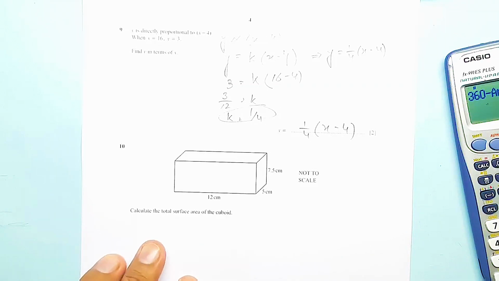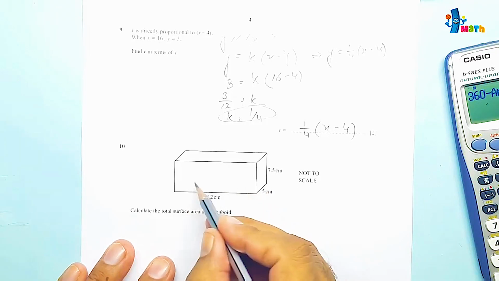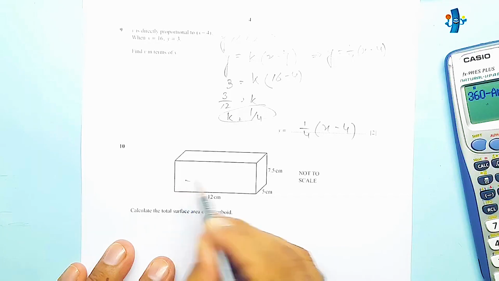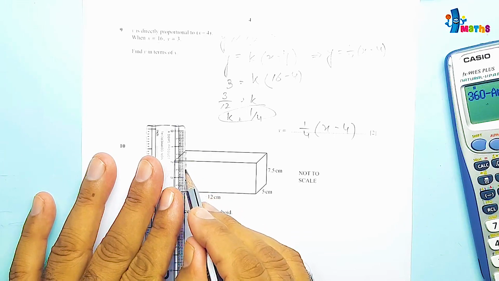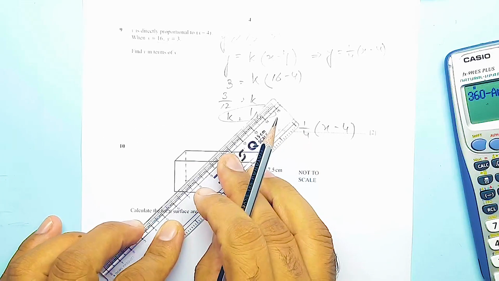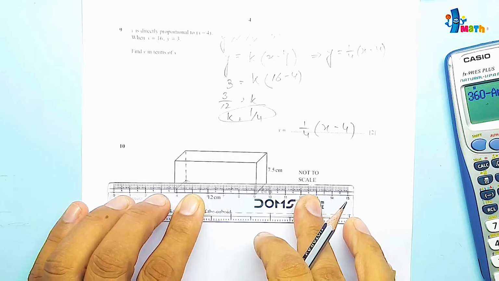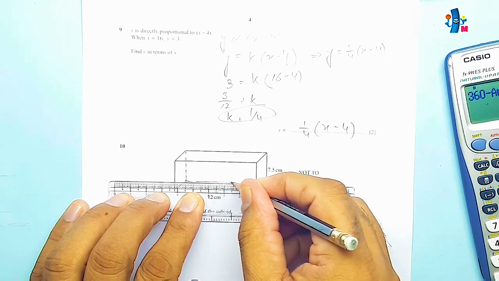Calculate the total surface area of the cuboid, and this cuboid is provided. If we roughly join this cuboid with dotted lines, it will be shaped like this.